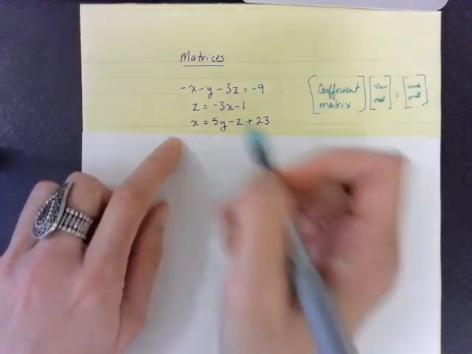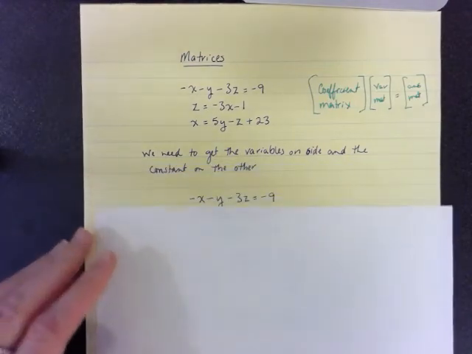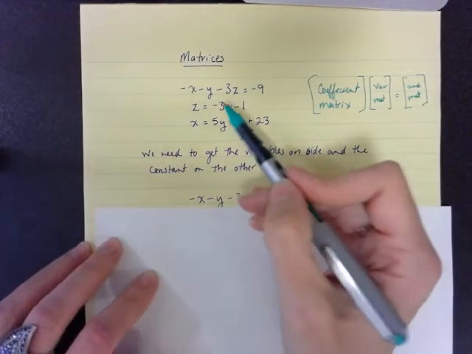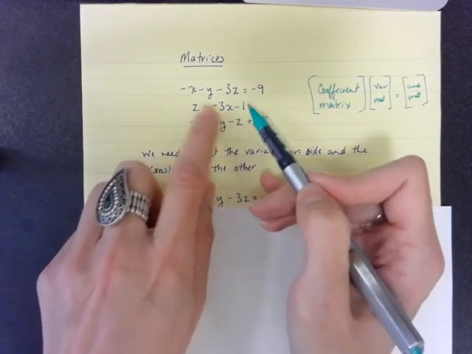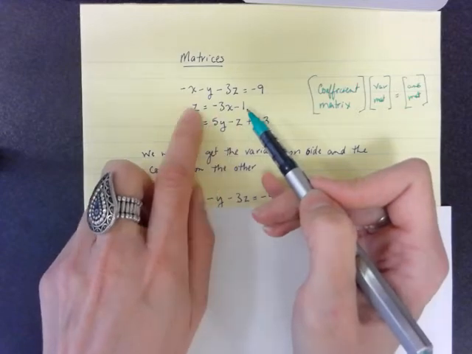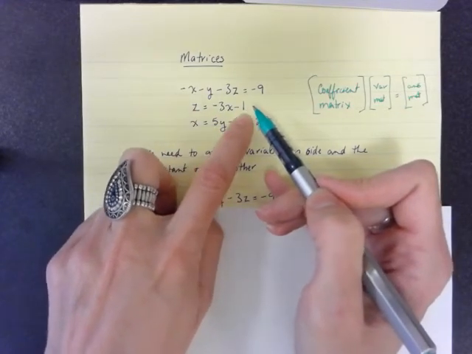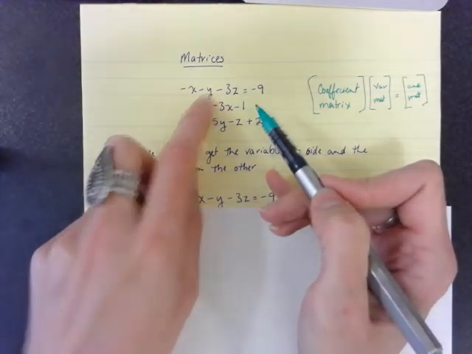Okay? So if I manipulate this one, I don't have to. X, y, z equals negative 9. But here, I have to put this 3x over to the other side. If I put this 3x over to the other side, I'm going to have 3x plus z equals negative 1. But that means I don't have a y there. So I'm going to have to put a placeholder, okay?